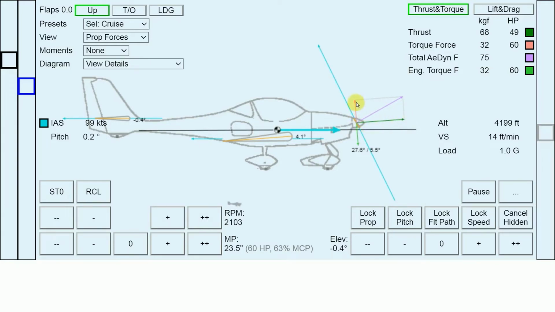And propeller torque points against the direction of rotation and must be overcome by engine torque. Notice that the violet total aerodynamic force that acts on the propeller blade is the same in both views. The only difference is the way in which we split the total aerodynamic force.